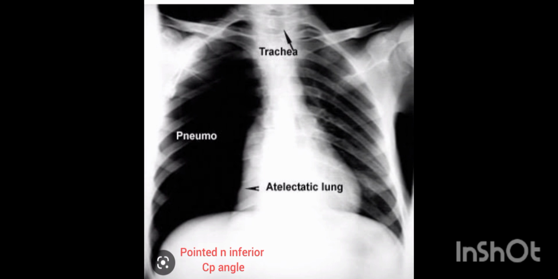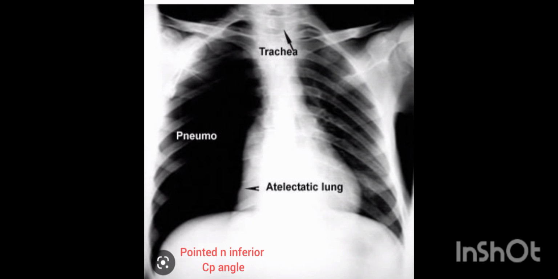much more pointed. Another distinguishing point is, in a normal chest X-ray we are able to see blood vessels, or you may call them bronchovascular markings, but in pneumothorax you will not find these markings in most parts of the lung.